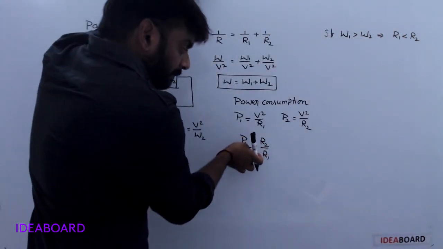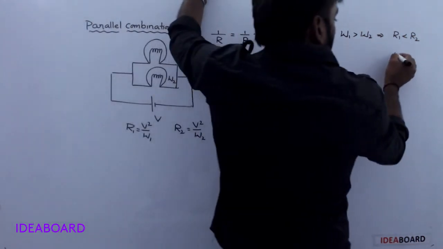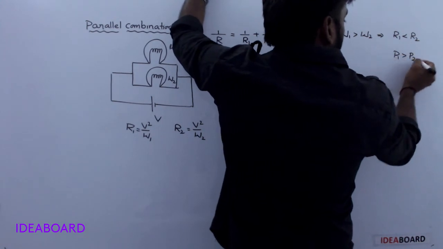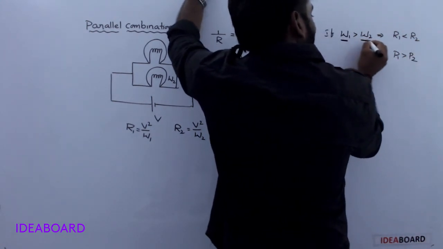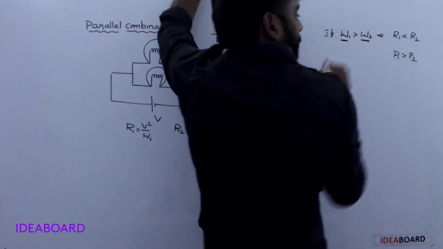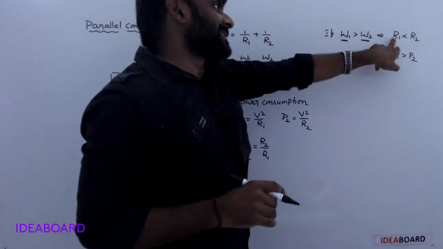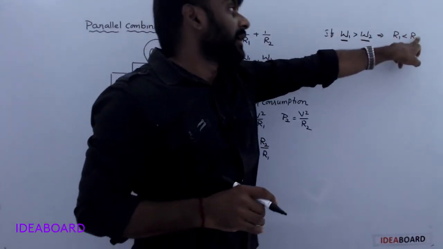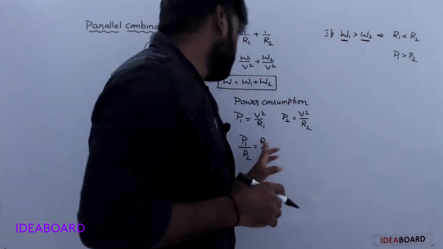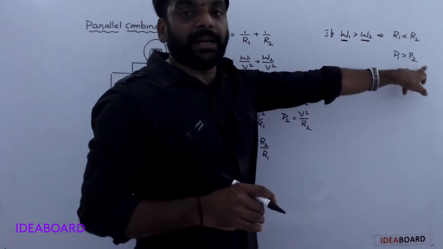By using this one, P1 greater than P2. Here wattage of the first one is greater compared to second one. That means resistance is less in first one compared to second one. Power consumption P1 greater than P2.